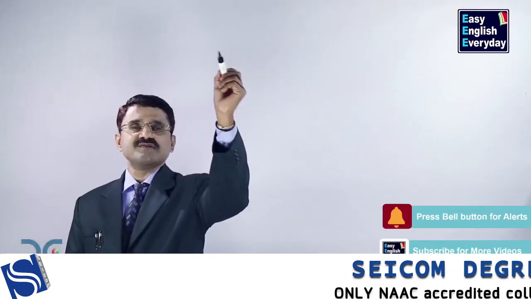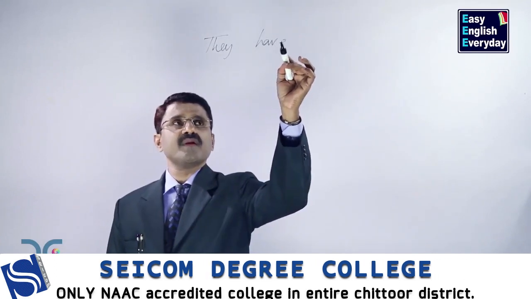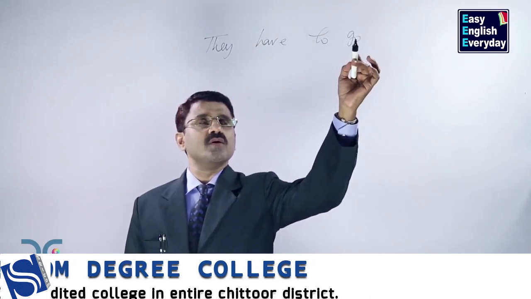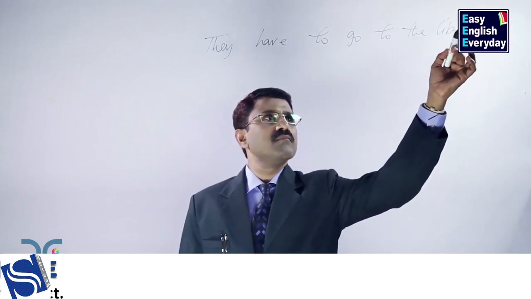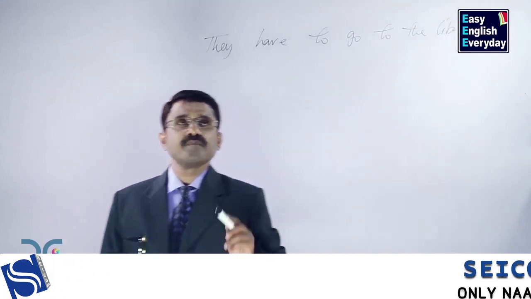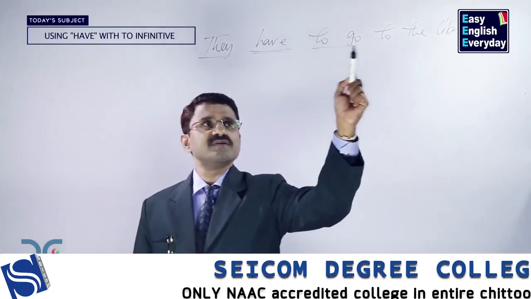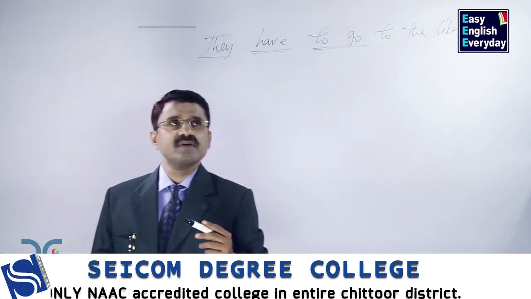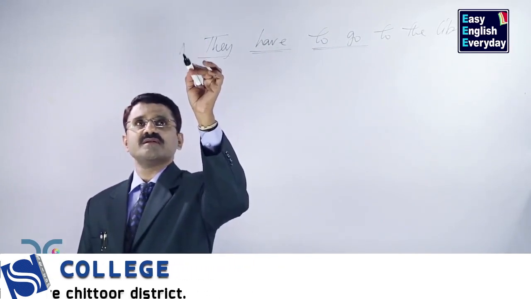Now look at this sentence. They have to go to the library. Subject, have, this is to infinitive. They have to go to the library. This is called affirmative form.